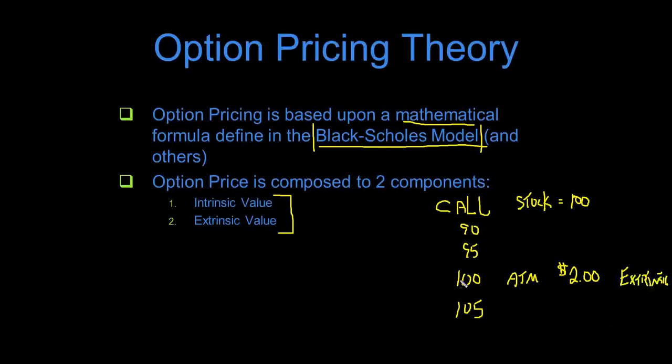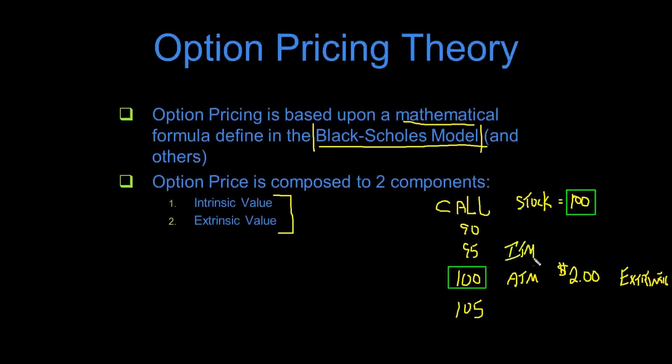Now, if we take this strike price right here, and let's say the strike price of this thing is 100, the stock is at 100. So now let's come down here to 95. If I buy a 95 call, now I've got an in-the-money component to it.